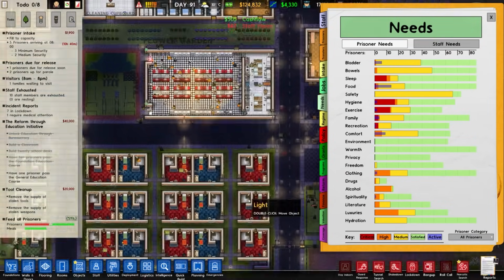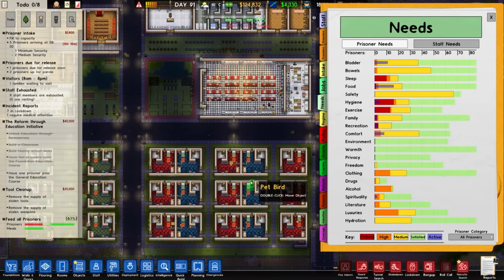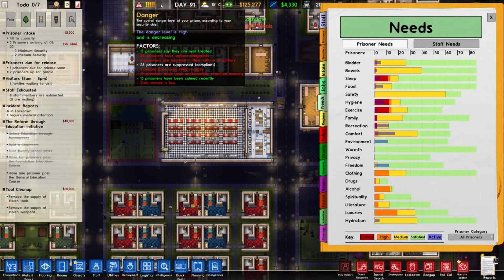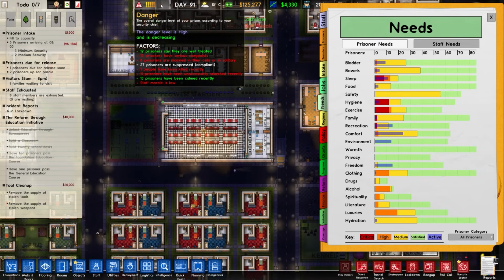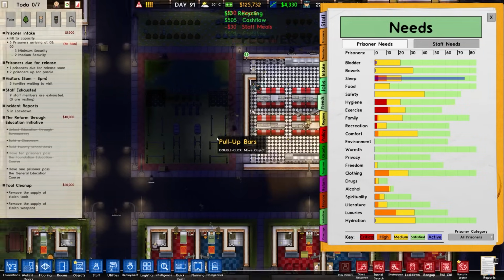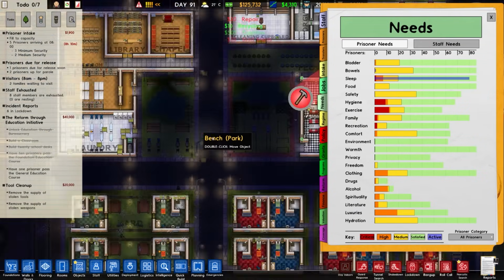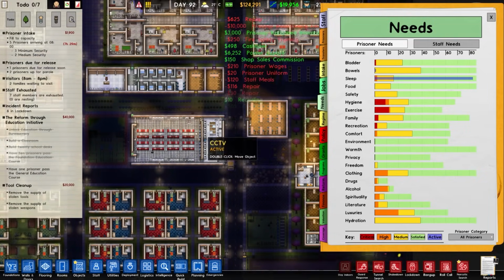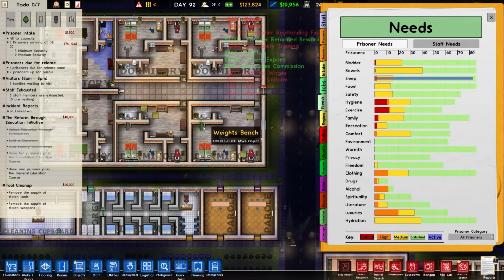I think it's just the nature of this design dictates that stuff is looked after in a different way, like different times. So there's the hygiene needs, there's exercise needs. These are definitely set to yards, and it is on a running track, and we do have weight benches. There's just some prisoners that don't seem to have access to.